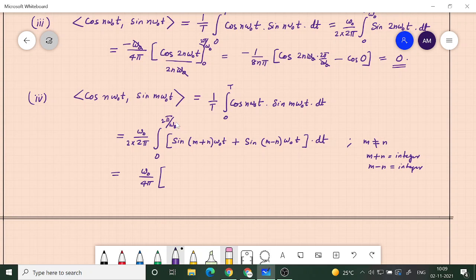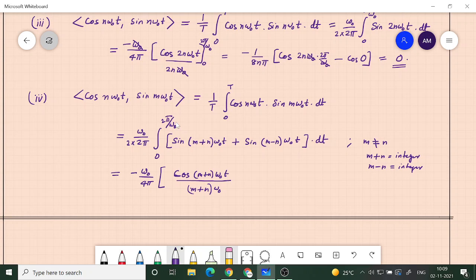So let us integrate the first function. Integral of sine is minus cos. So minus, let me take it outside, cos m plus n omega 0 t divided by m plus n omega 0.